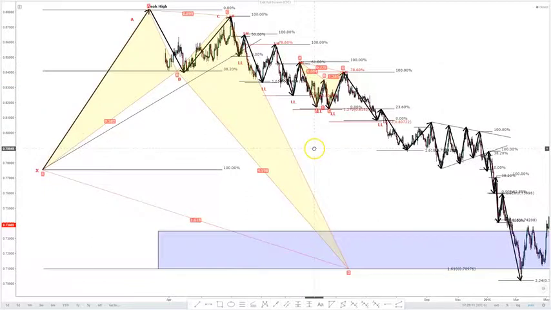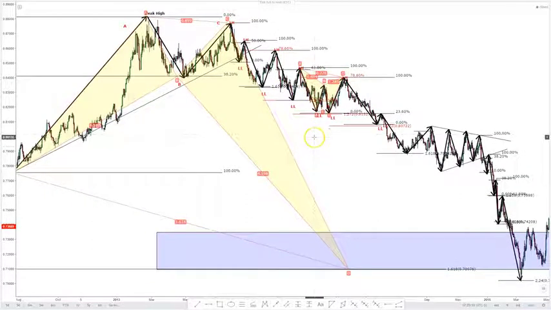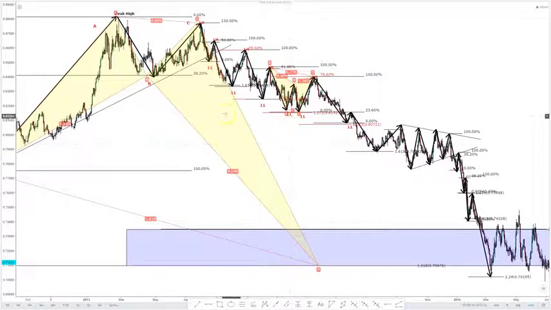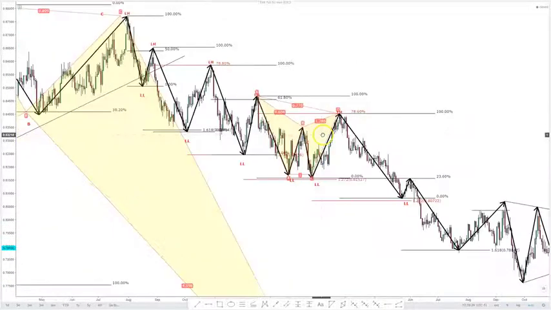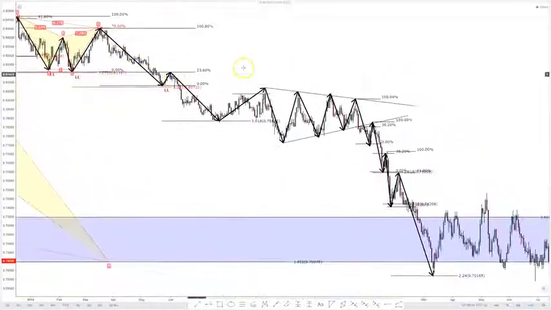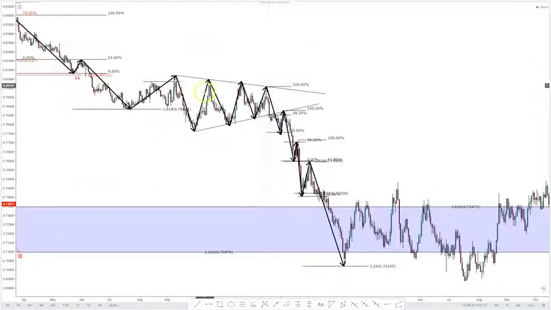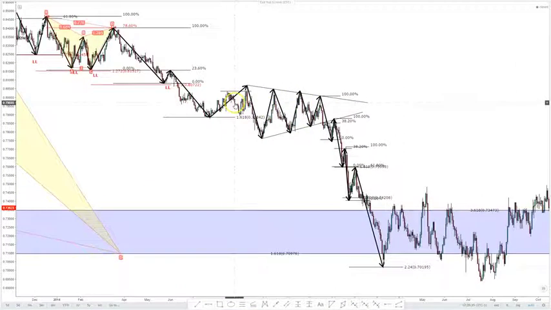Market structure, lower lows, lower highs, harmonic patterns, Fibonacci. I hope you guys know about Fibonacci now. You should already pretty much be masters at it. Just go back to this chart and mark it up exactly how I'm doing, and go back over this video. I hope you'll be spotting those setups as well.